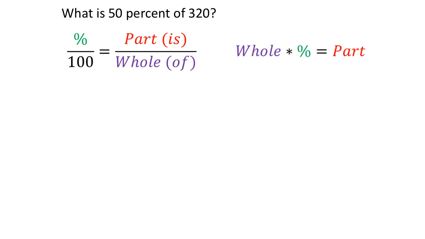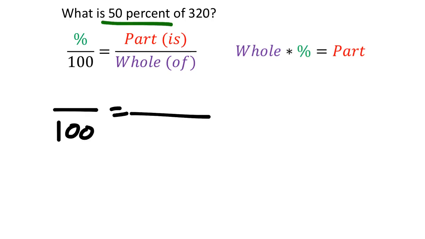Okay. So again, on the percent proportion, it's always out of 100, and it's part over the whole. Now on this one, they told us the percent. It's 50%, right? So I'm going to put 50, and I don't really need to change it into a decimal in the percent proportion, which is what makes this really nice.